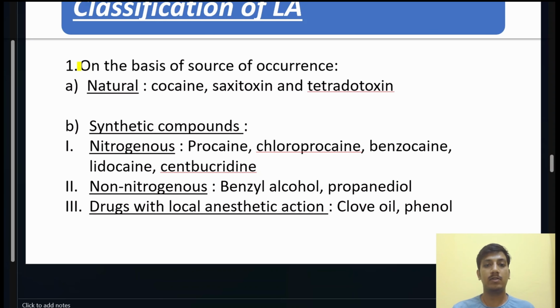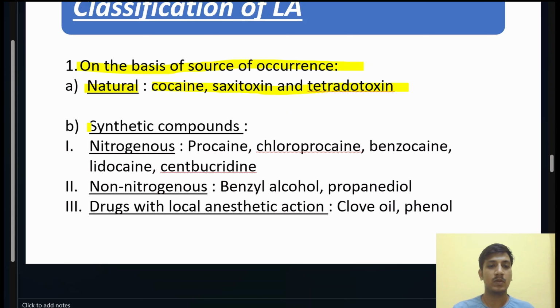Moving further, now here is the classification of LA. The first is on the basis of occurrence. The natural type is cocaine, which we can extract from different plants, herbs, and shrubs. Then comes the synthetic compounds on the basis of source. The synthetic compounds may be nitrogenous, non-nitrogenous, and drugs with local anesthetic action.